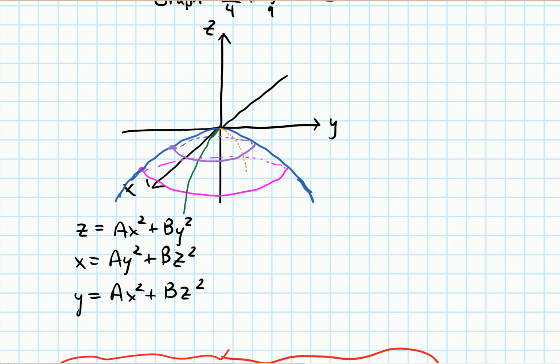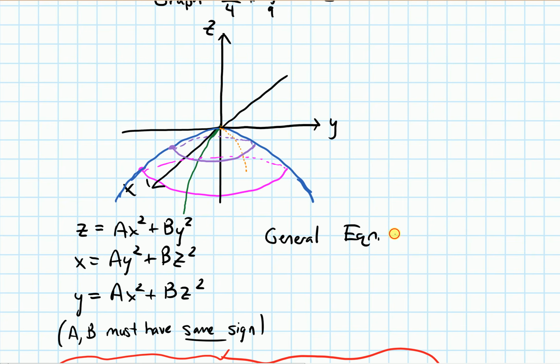There's one important thing that we need about a and b: a and b must have the same sign, as they did here, for this to be the general equation of an elliptic paraboloid.